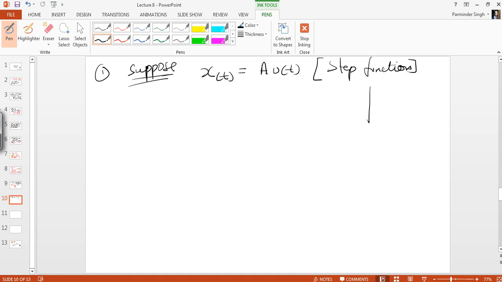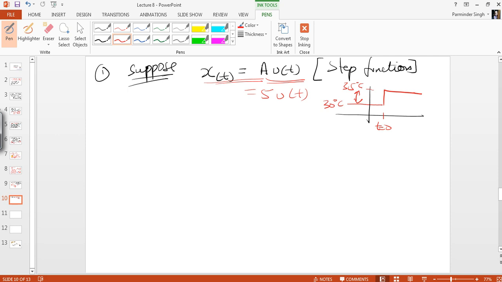That means initially, let's say my surrounding is at 30 degrees, and now at time t equal to 0 I changed this 30 to 35. So that means the surrounding has been changed by 5 degrees. So this is that step. So this is your 5 ut, step up. Clear? So now suppose if the surrounding changes by A ut, how does your thermometer vary?